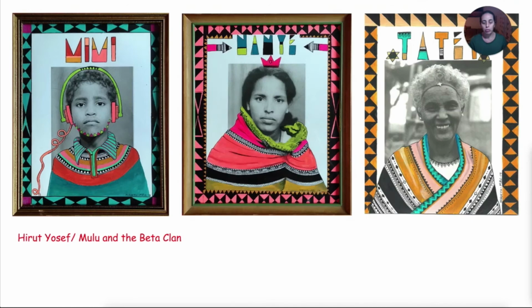And this brings me to the second artist that I want to share with you. Let me move myself for a second. All right. Her name is Hirut Yosef, and she is an Israeli Ethiopian artist. She was born in Ethiopia, and when she was 5 years old, she moved with her family to Israel.